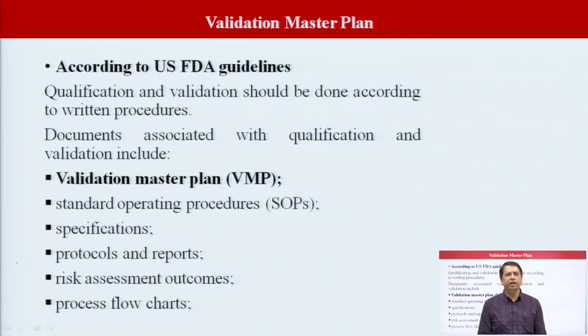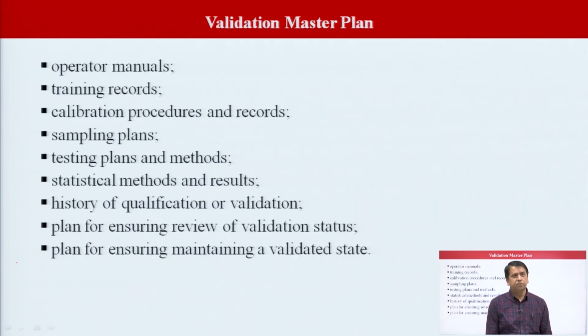Second, the standard operating procedures, that are SOPs, specifications, protocols and reports, risk assessment outcomes, process flow charts, operator manual, training records, calibration procedures and records, sampling plans, testing plans and methods, statistical methods and results, history of qualification or validation, plan for ensuring review of validation status, and plan for ensuring maintenance of a validated state.